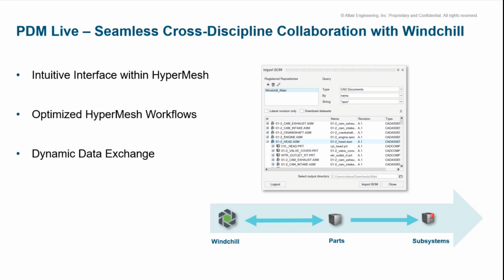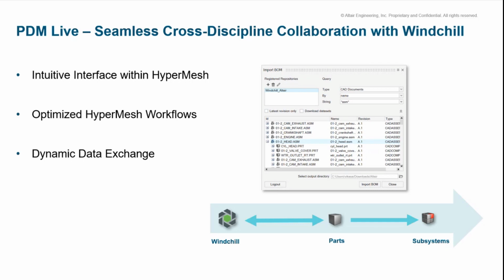It has minimized the need for Windchill workflow training, providing an intuitive experience, meaning a CAE user need not be trained in how to query a part or a WT part in Windchill. We just provide this GUI with the selected fields. Most of the noise is cut out, and the CAE user is only dealing with the WT parts or CAD documents that he is interested in. He can query for those. So this minimizes the need for the CAE user to get started with Windchill or the PDM system.